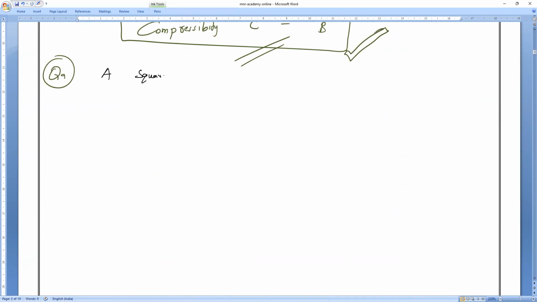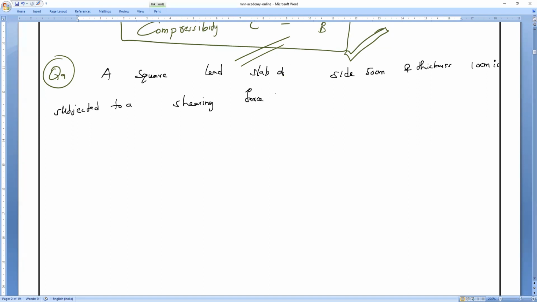A square lead slab of side 50 centimeter, note it very carefully, and thickness 10 centimeter is subjected to a shearing force of 9 into 10 power 4 newtons.